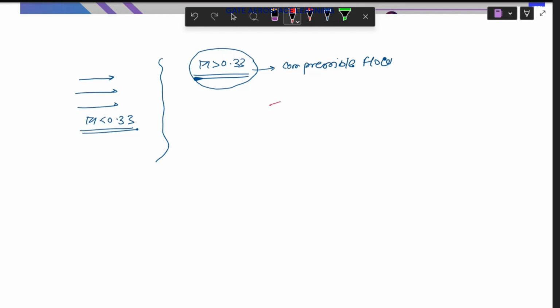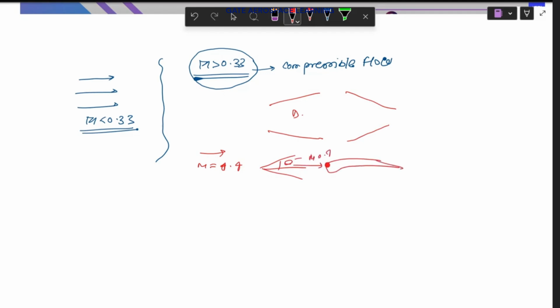What is happening in, let's say, a diverging duct? What is happening in a converging duct? Or let's say a Mach number of 0.4 is encountering some angled plate or wedge angle, what is happening in this case? We will be discussing all these things. Or when you have this kind of airfoil, what is happening when the Mach number is 0.5, let's say? So compressible flow or gas dynamics deals with all these important things.